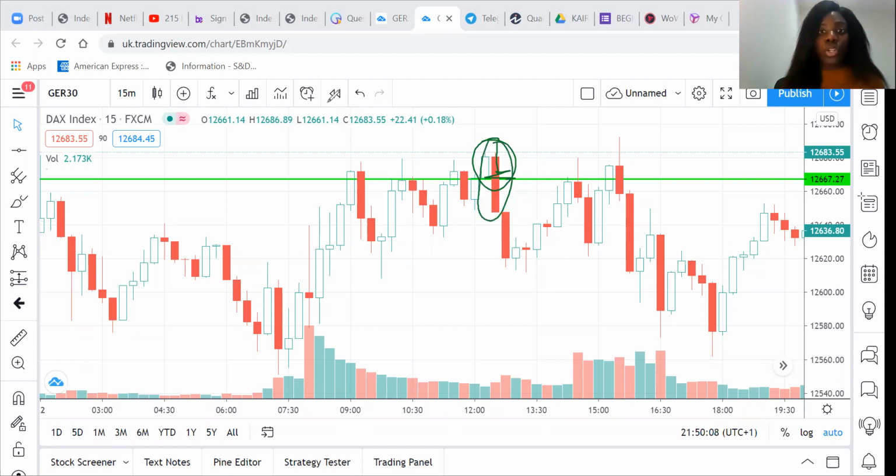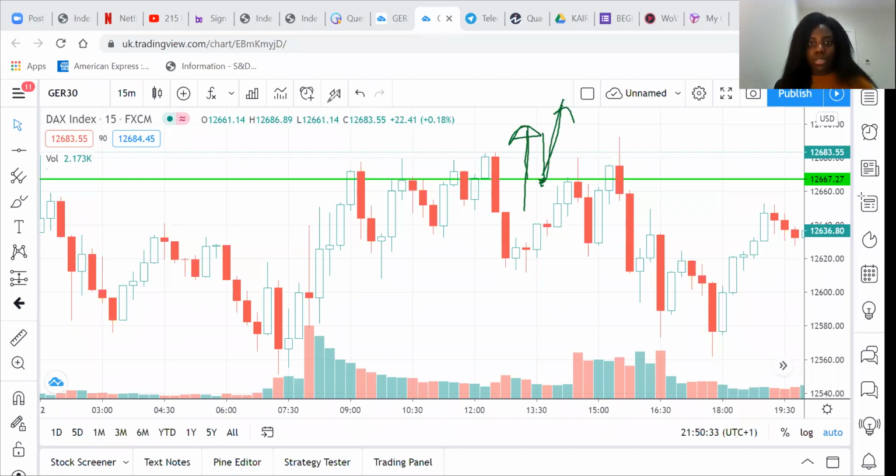Now, what you would look for instead is this. You want it to close here, and then you want it to bounce off. That is your retest. So it breaks through, it closes here, it retests, so it comes back to this support, and then it bounces off.